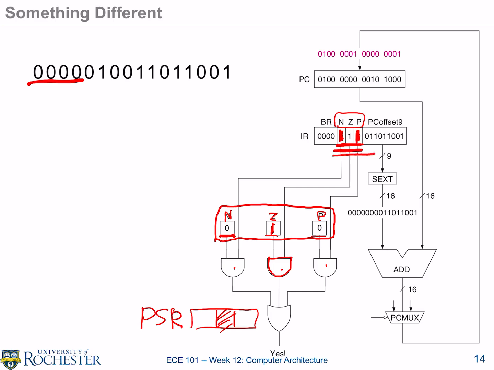But this is how things are wired. I take the 3 flags, the 3-bit mask, I AND them with the 3 bits and go through an OR gate. And if this thing says yes, I'm branching. So that bit is here to control which value gets into the PC.